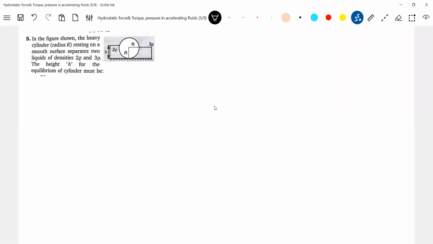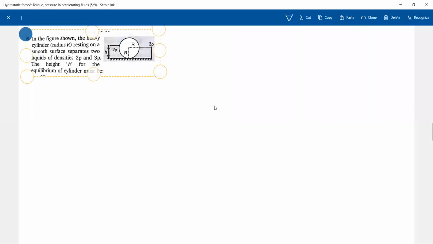Okay, get into the problem. Basically, it's a cylinder, so you should not forget that. I'll take the same diagram.